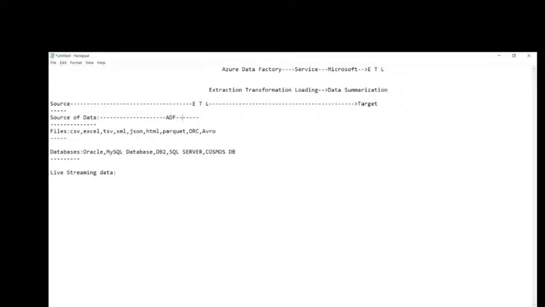Using this ADF, we perform the job of ETL, that is extraction, transformation, and loading, and load the data into the destination. Target can also be referred to as destination. Okay, guys, clear everyone?